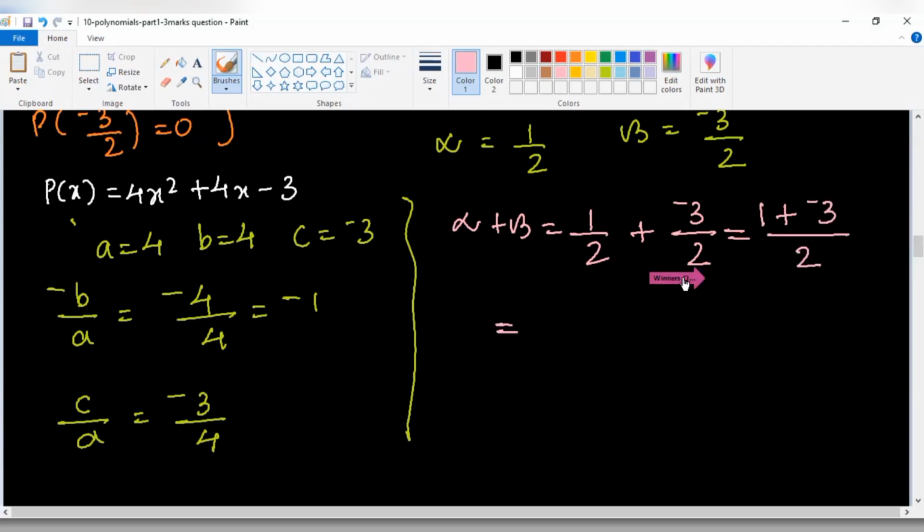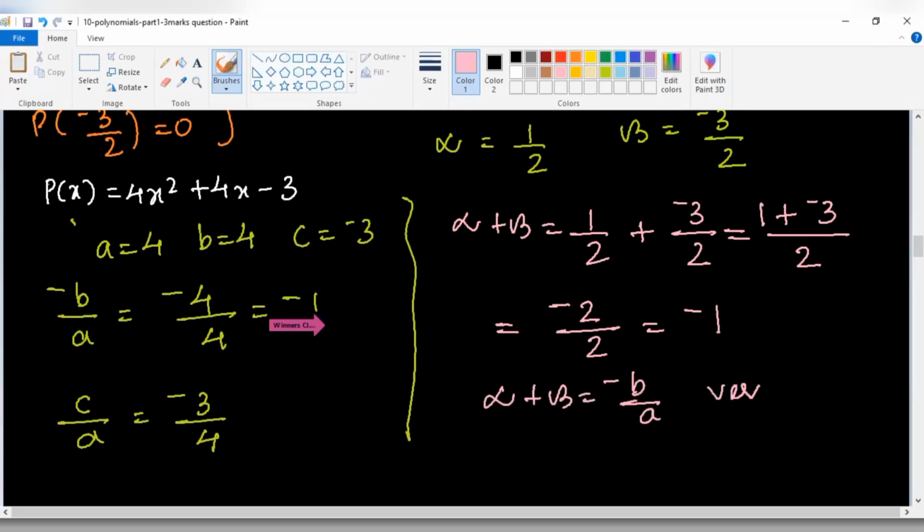The negative number is bigger and this is addition, so the answer is negative 2. So negative 2 by 2 is negative 1. Alpha plus beta is negative 1 and here we got minus b by a as negative 1. So we can say alpha plus beta is minus b by a, verified, right?